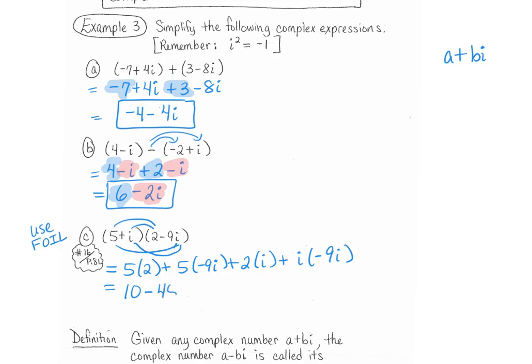I just need you all to talk a little louder. It's hard to hear up here. Plus what? Minus 9i squared. Now we know i squared is what? Negative 1. So we're going to substitute that in. And negative 45i plus 2i is what? Good.